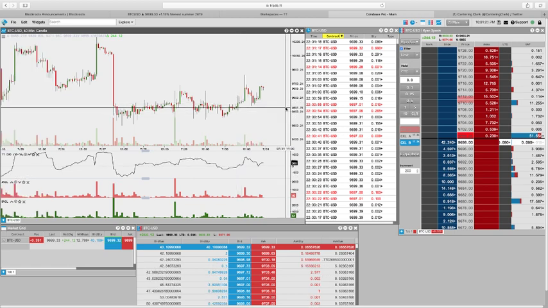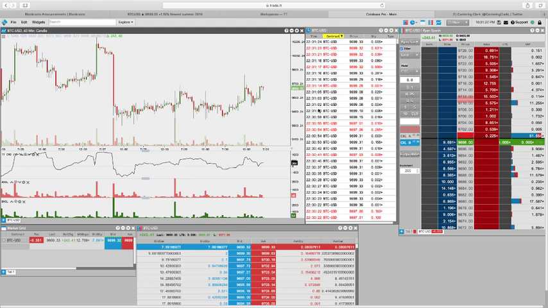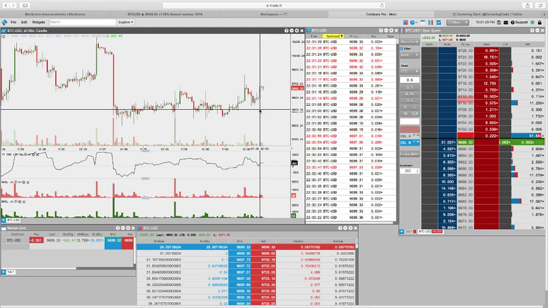But right now I'm talking about how you would use the times and sales, or the tape, and the DOM to see potential areas of strength on the part of buyers or sellers, or certain areas of weakness on either party, on the flip side as well. So weakness in the form of weak buyers or weak sellers, and how this can be particularly useful around certain key areas.